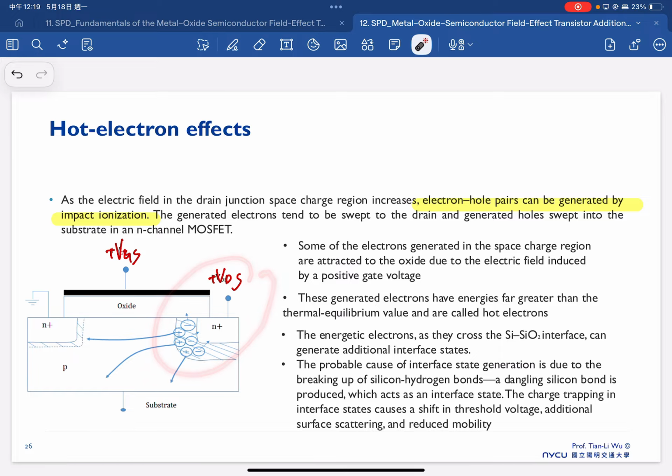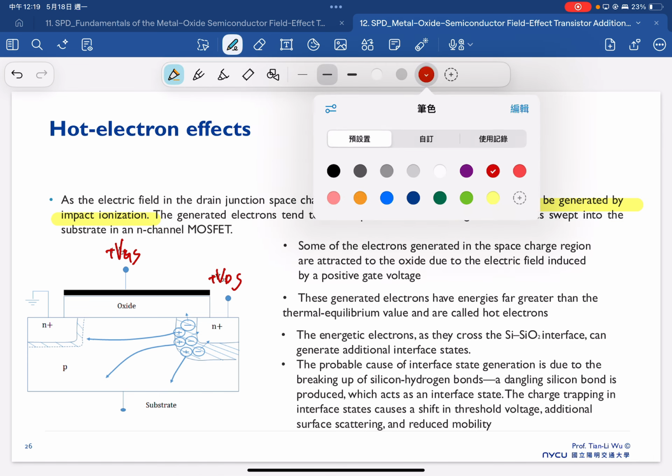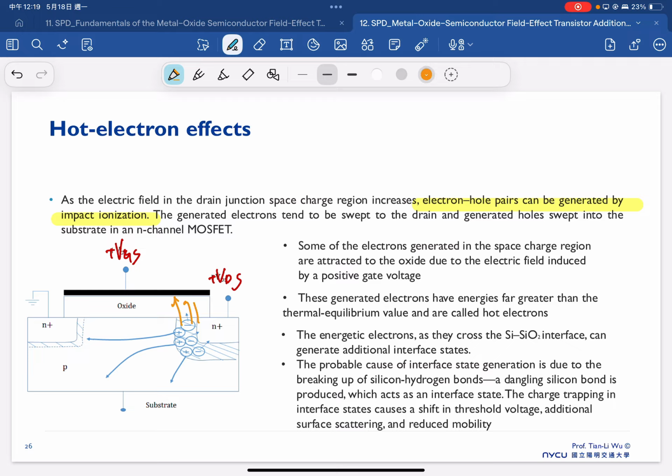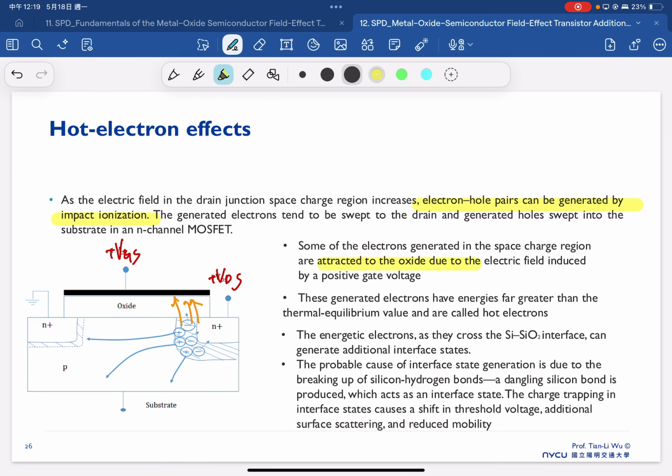The generated electrons tend to be swept to the drain, and the generated holes will be swept to the substrate. In the channel, you will have electrons being injected here, and that will cause additional non-ideal effects. Some electrons generated in the space charge region are attracted toward the oxide.